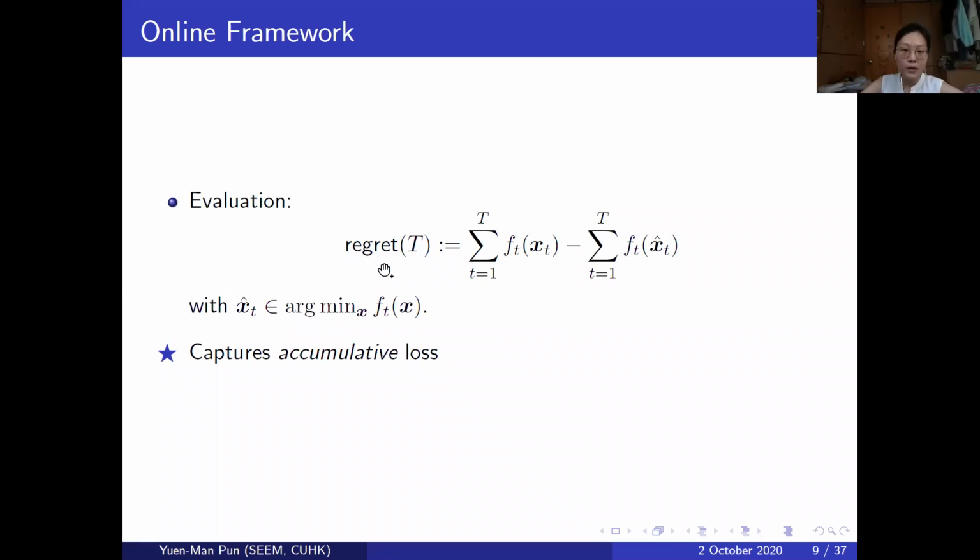So the regret captures the accumulated losses from the deviation of our estimate from the minimizer. As you can expect, f_t(x_t) minus f_t(x_t hat) is non-negative. So if we plot a graph with different t, the regret will accumulate and grow.